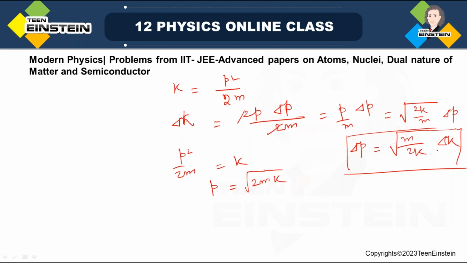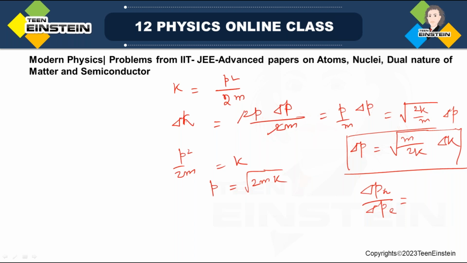Now we have already found out the kinetic energy. So the change in the kinetic energy may be taken in the same proportionality ratio. K2 by K1, if we take this, we'll get the same proportionality ratio. M is anyway the same for both.